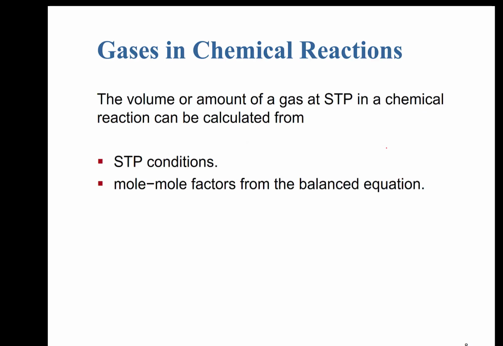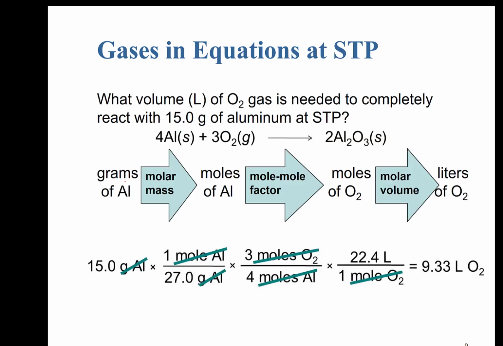All right, now a lot of times we're going to see STP and it's going to be involved in a chemical reaction. So if we have a chemical reaction, we're going to need to use those mole to mole factors. In this case, they say what volume of oxygen is needed to react with 15 grams of aluminum at STP. So I have 15 grams of aluminum.